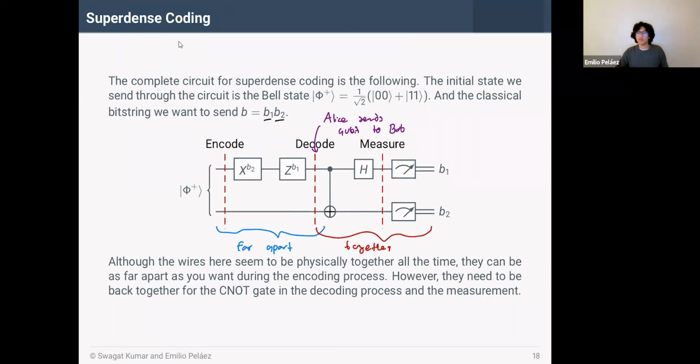We're just going to suppose here that she will send them through an ideal quantum channel, meaning that there is no noise. So the state that Alice sends is the exact same that Bob will receive. And this is not quite true in reality, because when we physically move one qubit, it will very probably interact with its environment, which will alter the state. But let's just assume that we're working with ideal channels for this presentation, okay?